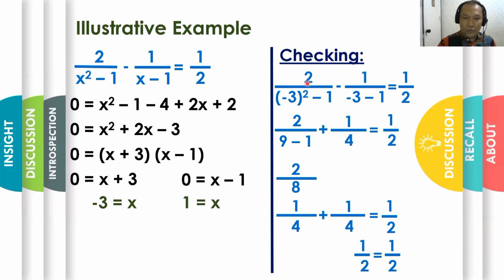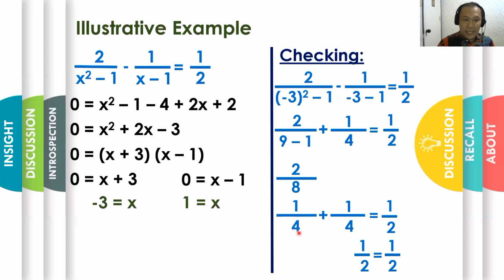We have 2 all over the quantity negative 3 squared minus 1. Remember, our x here is negative 3. We provide an open and close parenthesis, then square it, minus 1. Then the x here will become negative 3 minus 1. Next, the square of negative 3 is equal to positive 9, minus 1. We have 8.